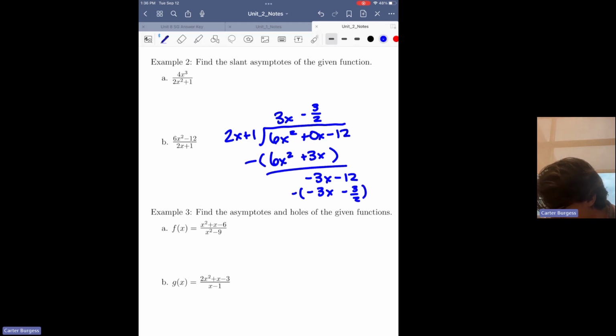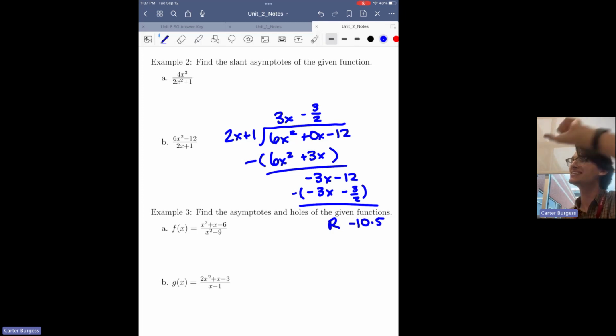We are subtracting these two, and I get like negative 10.5 here. What is this negative 10.5? That's my remainder. Think of this as what's stopping my function from actually being 3x minus 3 over 2. The fact that I have a little bit left over means that this 2x plus 1 does not divide evenly into this function.